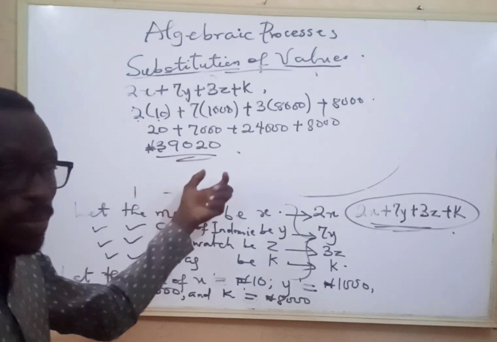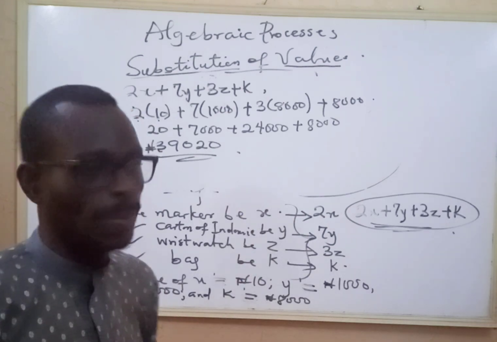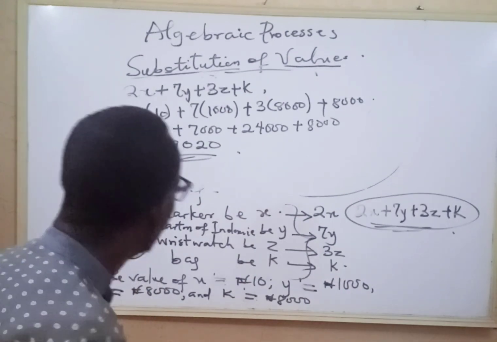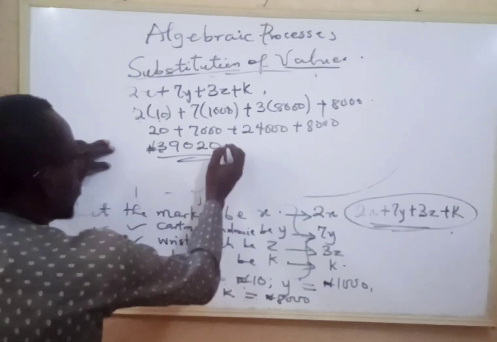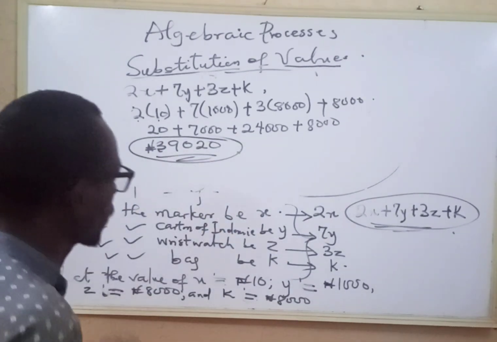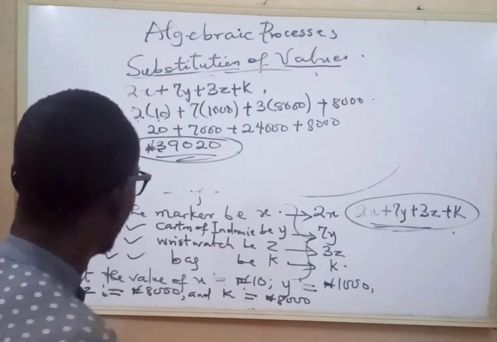That is the sum for all the items you picked on the shelf when it goes to store. And this is the amount, this is the value of the naira you have to give to the cashier at the point of payment.